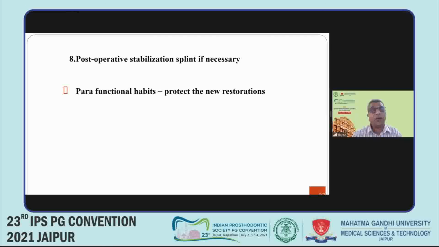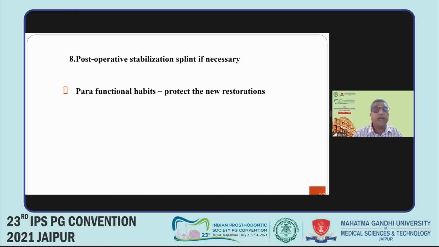So what you can do is protect all these restorations by providing an overlay splint with a thermoplastic sheet, if at all required. Okay, so this is the process of full mouth rehabilitation in a simple manner, right?